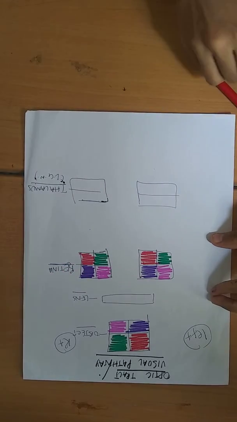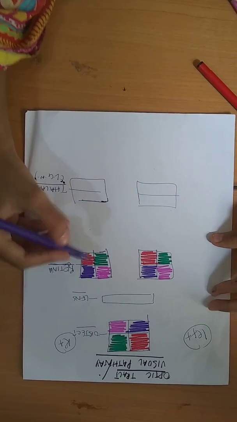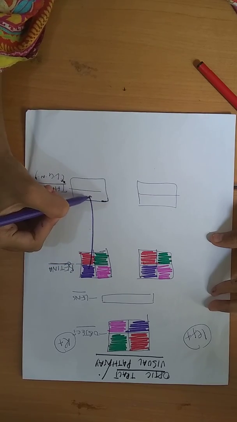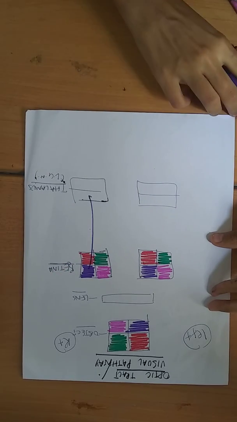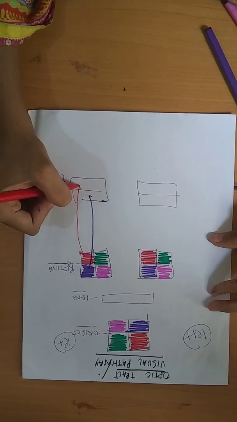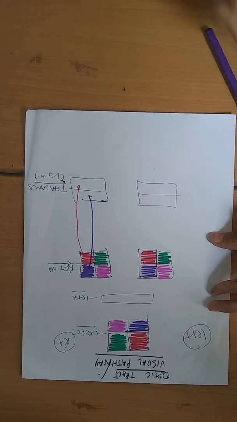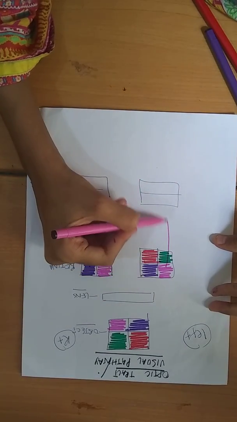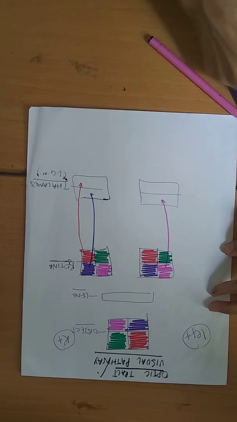Lateral portion, superior falls superiorly, and the inferior falls inferiorly. Similarly, superior falls superiorly, and the inferior falls inferiorly.